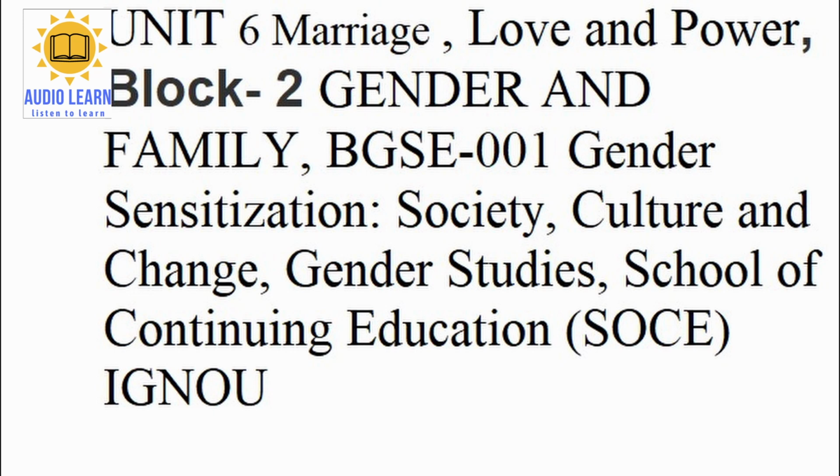Dowry is an age-old practice related to marriage in India. It is the exchange of wealth, especially from the bride's home to the groom's. It can be in the form of cash, ornaments, lands, modern gadgets, or other movable and immovable property. Dowry forms one of the major causes of wife battering.